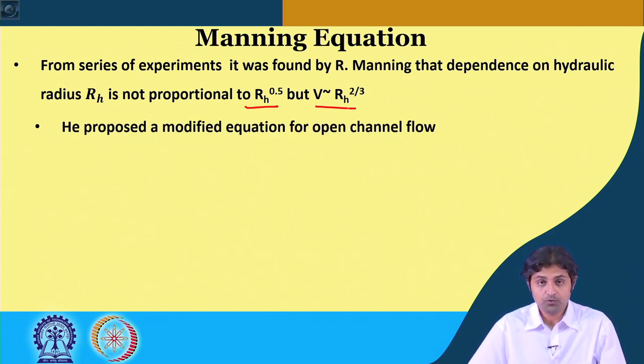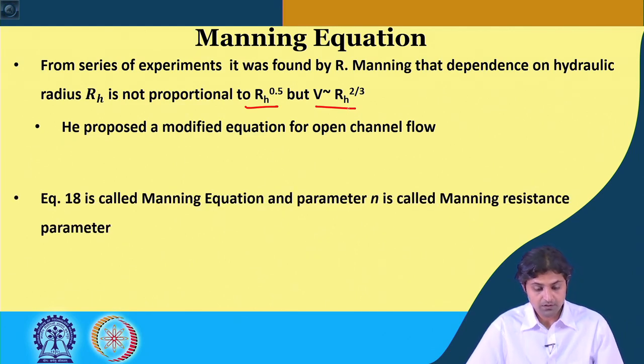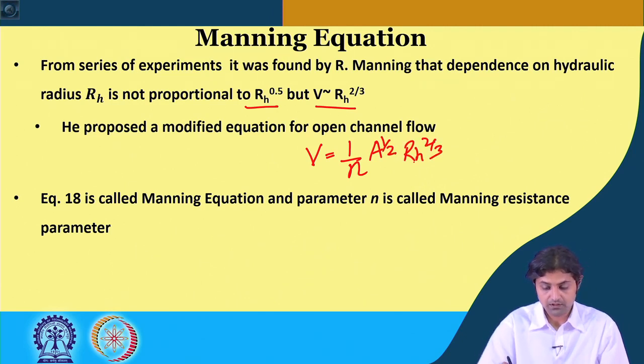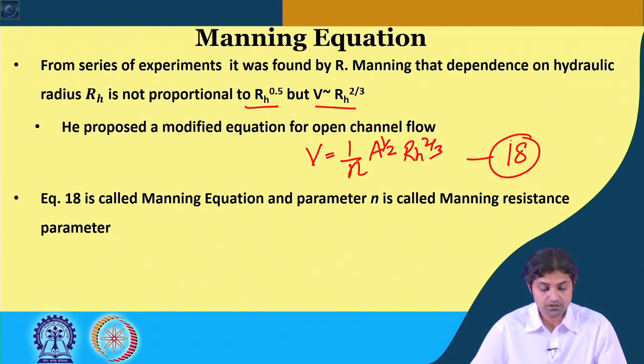He therefore proposed a modified equation for open channel flow, where he said that V is proportional to 1 by n, A to the power half, RH to the power 2 by 3, and this is equation number 18. This equation is called the Manning's equation, and parameter n is called Manning's resistance parameter.